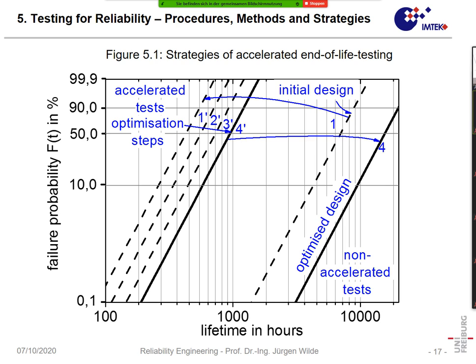You would like to do an optimization, for a car for instance. So we're talking here about, let's say, 2, 3. First failures are allowed only after 3,000 hours. And how can you do that?